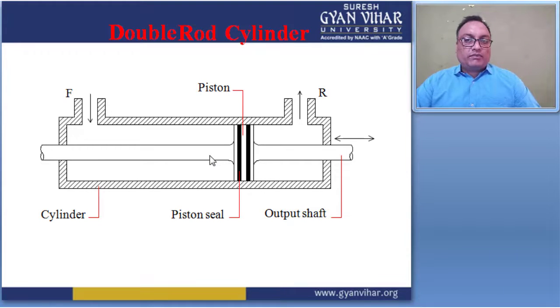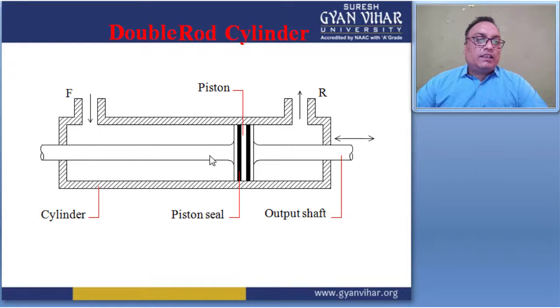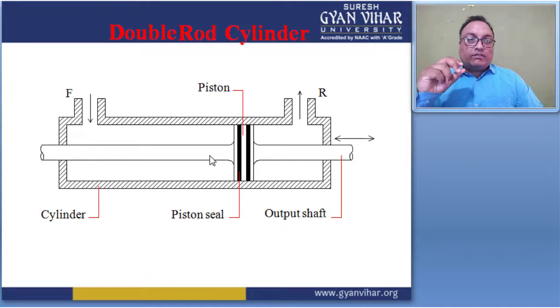So the advantage is that it provides two-way work in the extension and return stroke, and it is very simple to operate and design, but the work it produces sometimes may be very complex, right?